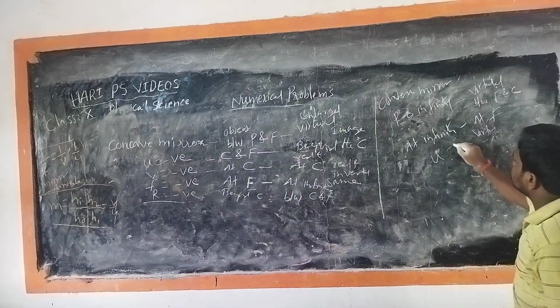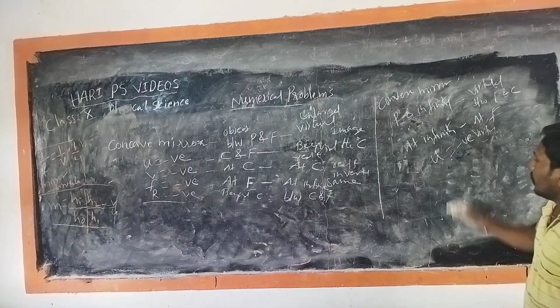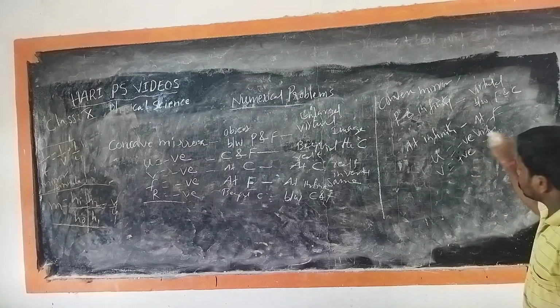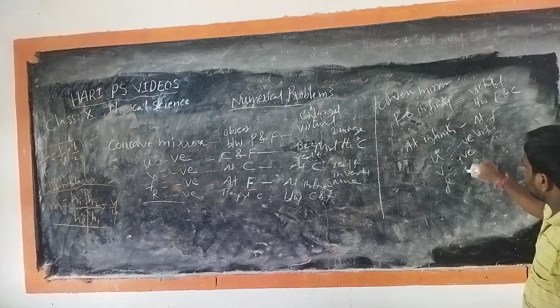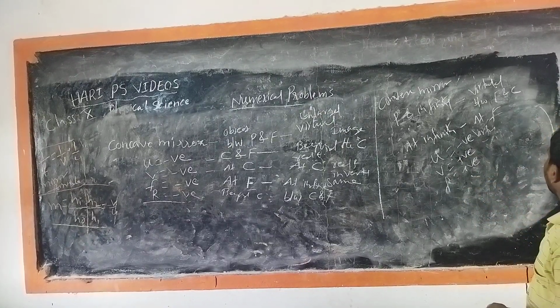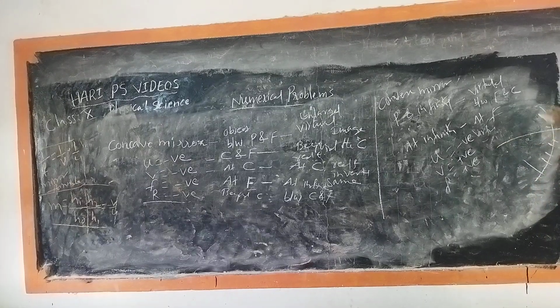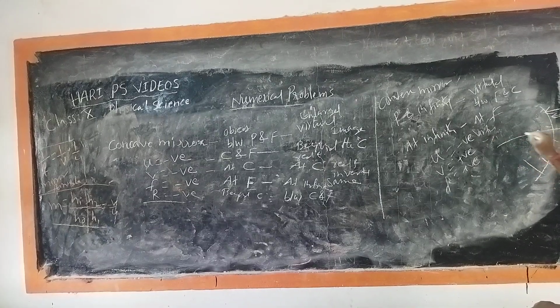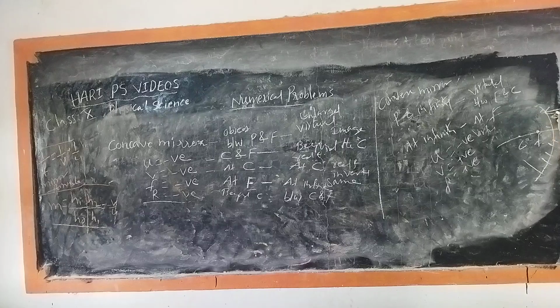Object distance is negative, image distance positive, focal length positive, because they are all along the direction of light rays, F, C all are along the direction of light rays.